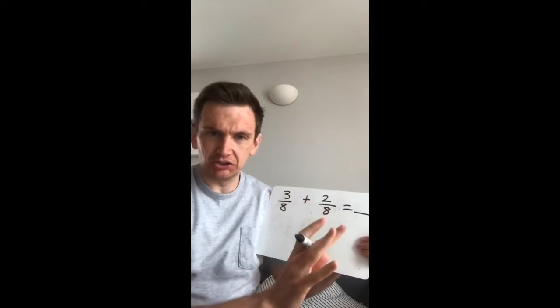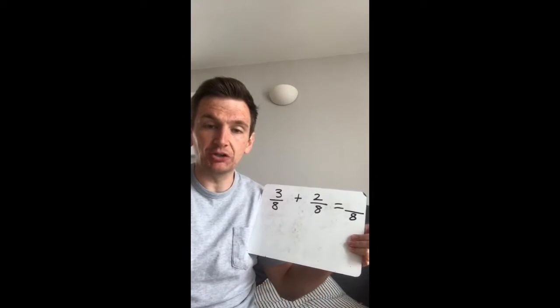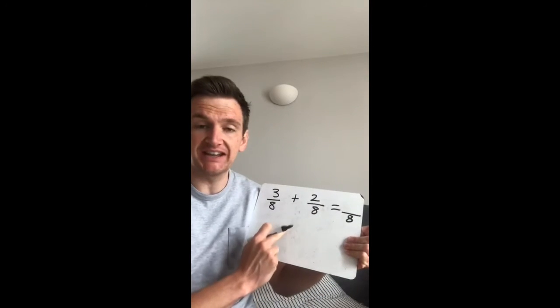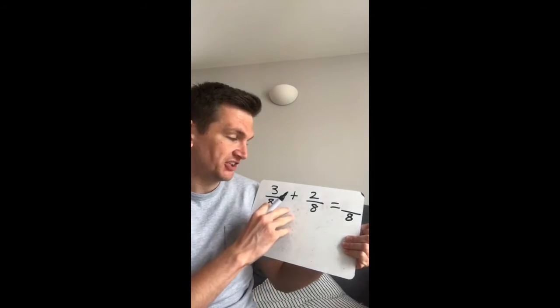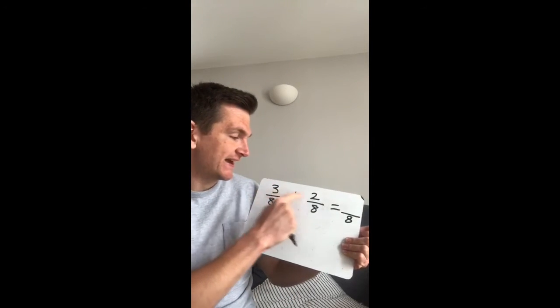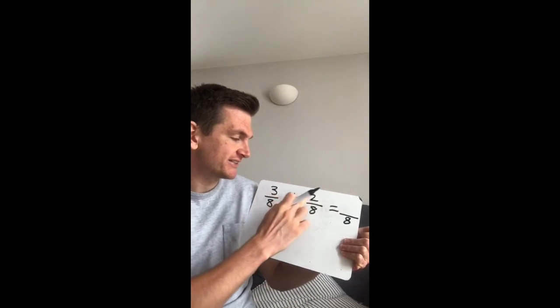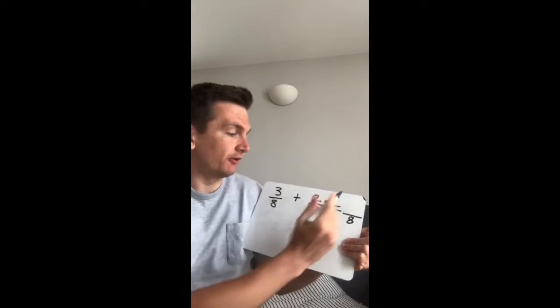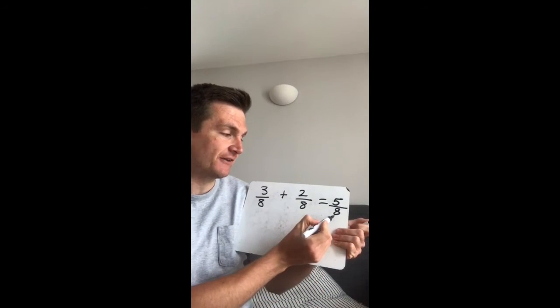We are not going to touch our denominators. Our answer will still be the denominator which is in our question, which in this case is 8. Now the only thing we do with the addition calculation is that we add our numerators together. So what is 3 add 2? Of course, is 5. So my final answer will be 5/8.